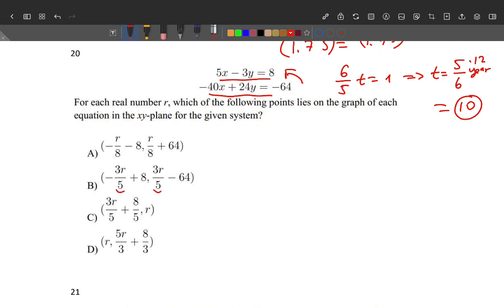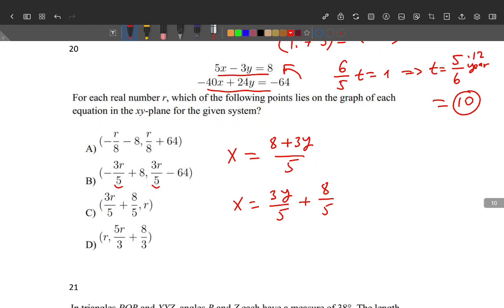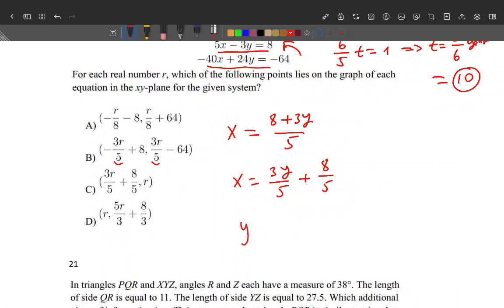Because of this I should isolate x. X is 8 plus 3y divided by 5. X is 3y divided by 5 plus 8 divided by 5. If I put y is r, I took this value. Answer is C.